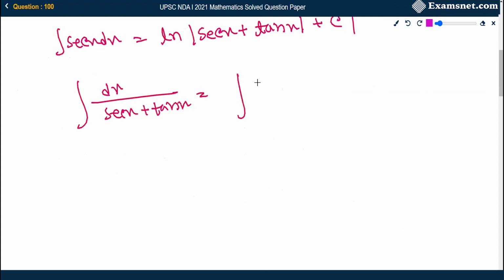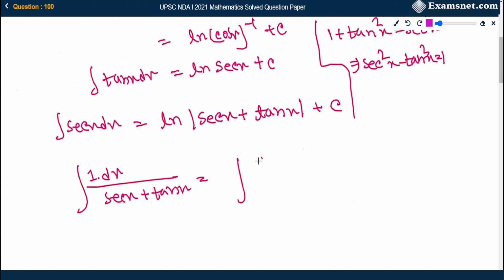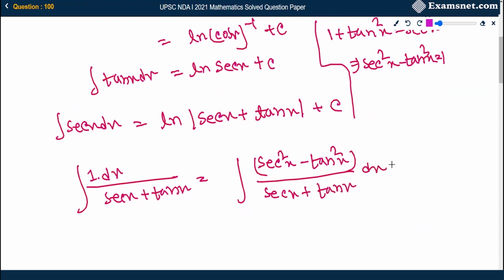Now there is only dx, so there is 1 multiplied by dx. So instead of 1, we can write sec square x minus tan square x by sec x plus tan x dx, right?